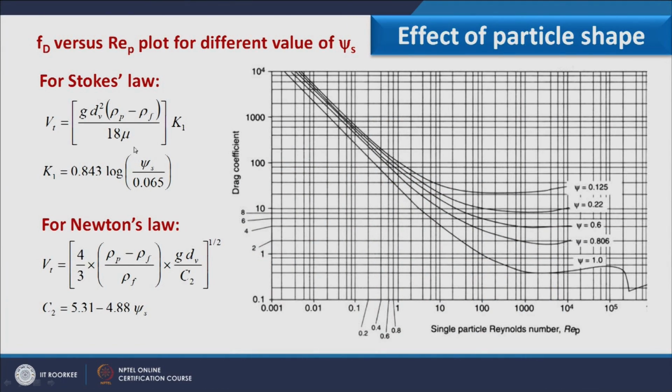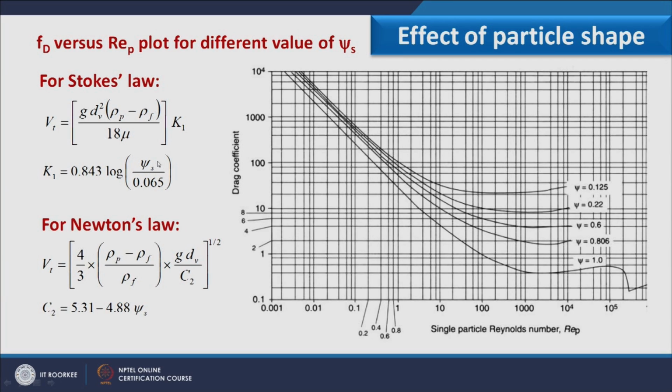For Stokes law, here we have the expression of terminal settling velocity. Up to here we have already seen in the previous part of this lecture. Now, this expression is multiplied by another parameter, that is k1, where k1 is defined as 0.843 log of psi s by 0.065.